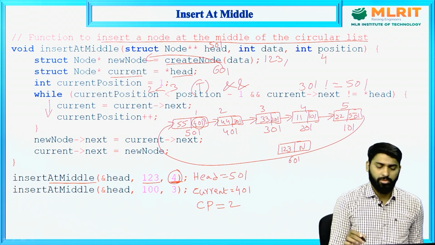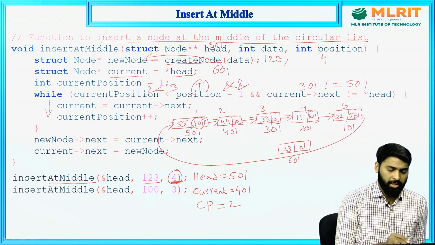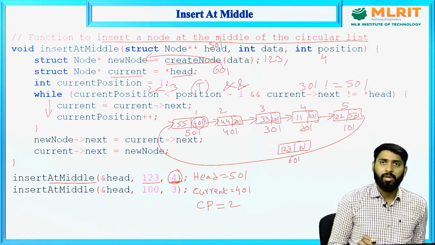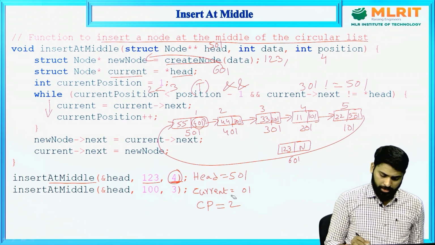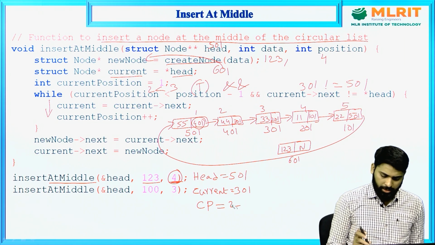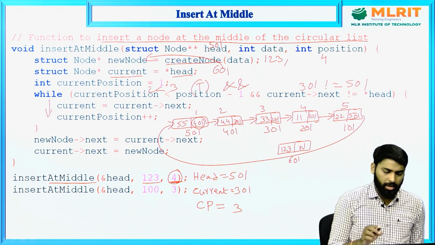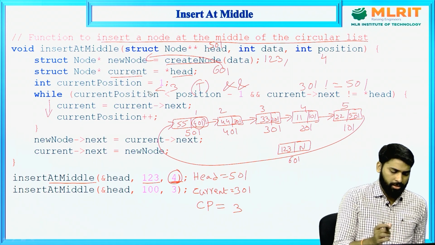Yes, it is true. So again update the current value. Current equals to current arrow next. What is the current here? 401, arrow next is 301, and update the current position with 3. Now the condition 3 less than 3 is false.